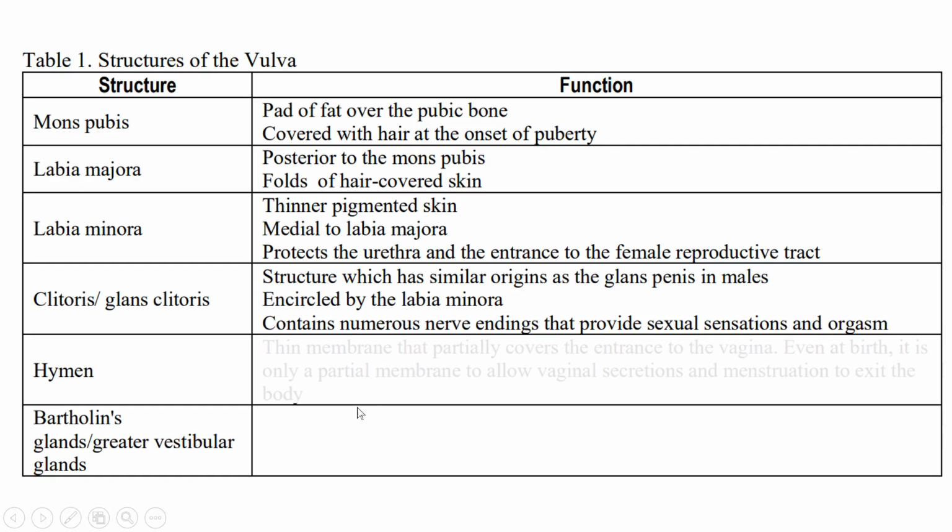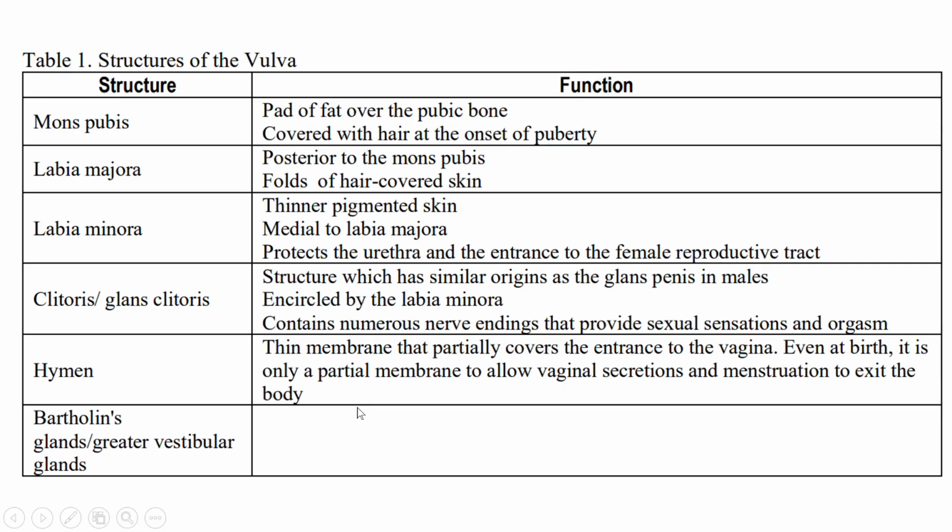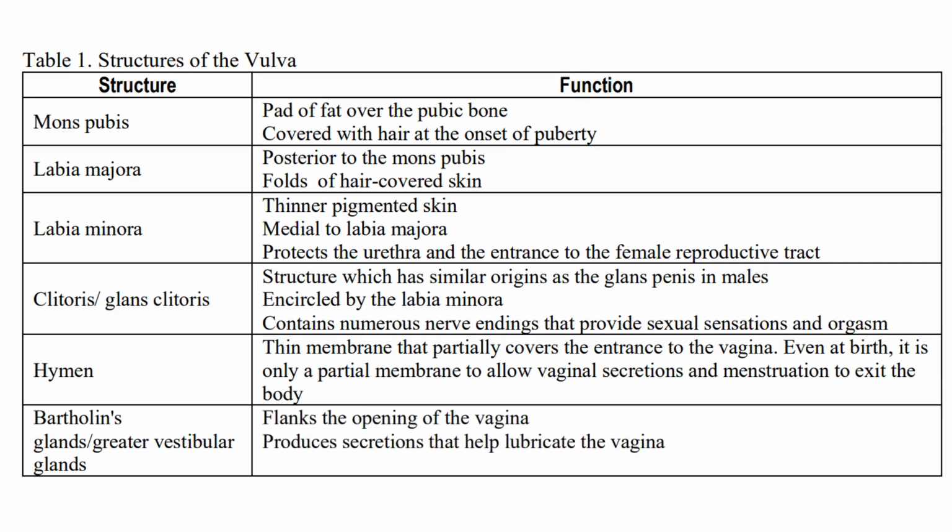The hymen will be the membrane partially covering the entrance of the vagina, and the Bartholin glands actually produce secretions that help lubricate the vagina. So this is very helpful to allow the entrance of the male reproductive system to be, rather than painful, easier to allow it to enter.